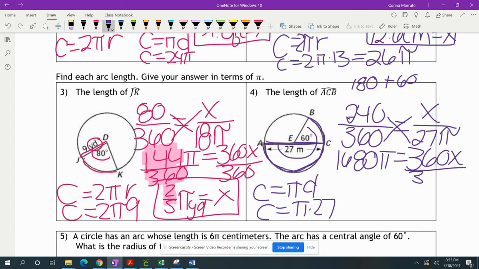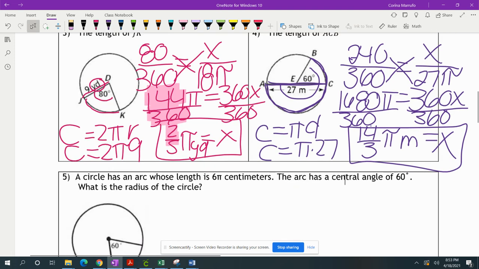Okay, I'm going to go ahead and divide both sides by 360. So my 1680, I divide by 360, and that gives me 4.66667. I'm going to go ahead and change that to a fraction, and it's going to be 14 over 3 pi. My units are meters, and that's what's equal to x.